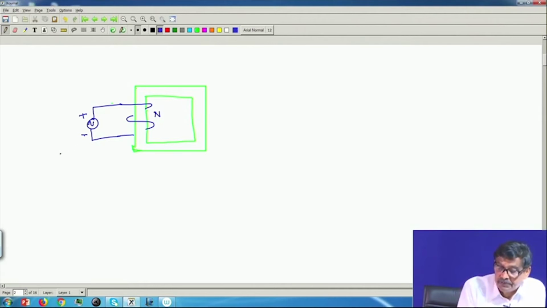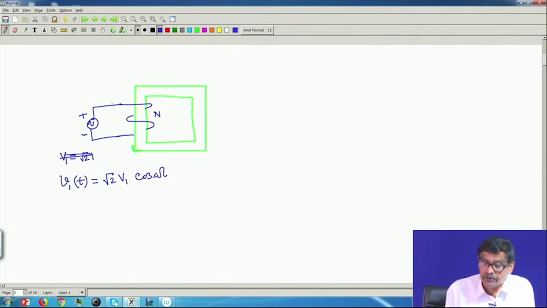For example, v1(t) is equal to root 2 V1 sin omega t, or some say cos omega t, applied voltage to this coil.